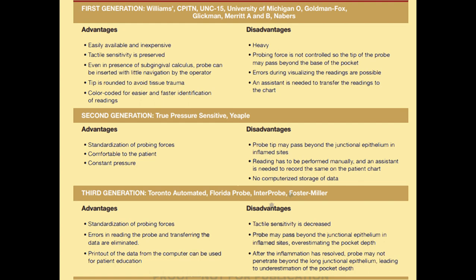Next disadvantage is overestimation and underestimation of pocket depth. If probe passes beyond the junctional epithelium in an inflamed site, overestimation of pocket depth will be there. And if inflammation has resolved, probe may not penetrate beyond the long junctional epithelium, leading to underestimation of pocket depth.